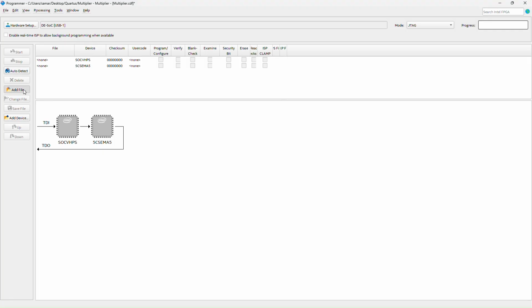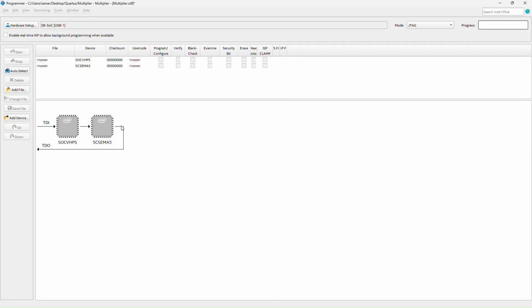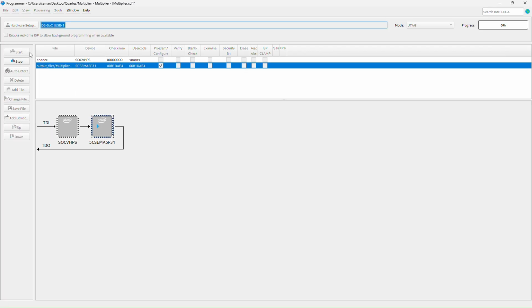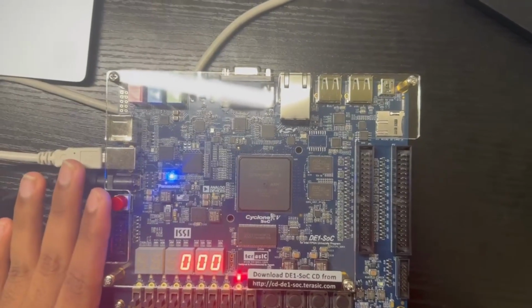So let us dump the file that we'll be using. The file contains the bit stream. As you can see, it's successfully done. Now I'll be showing the outputs on the FPGA.